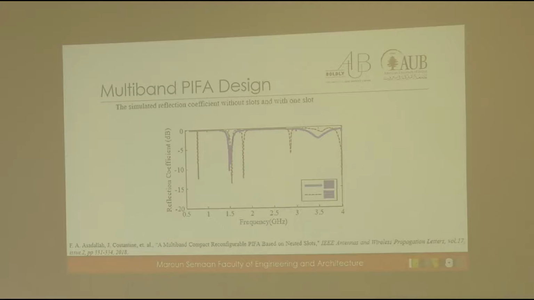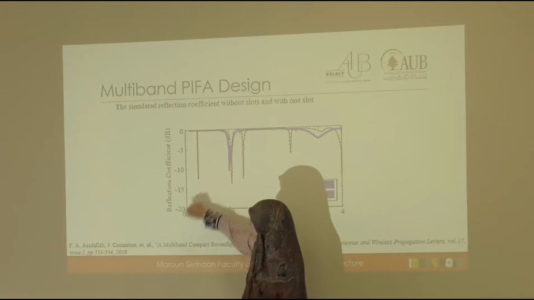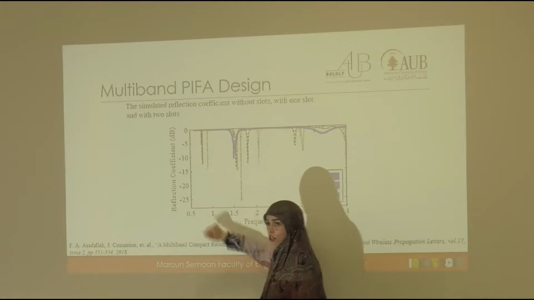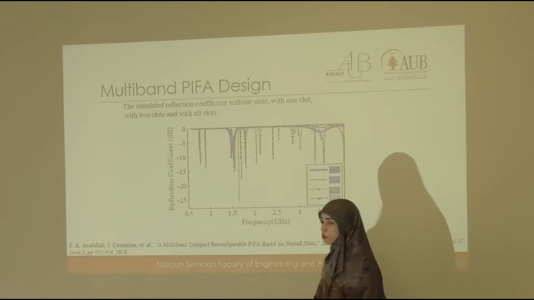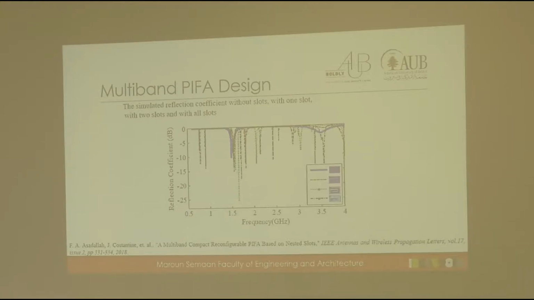After that, we added the longest slot that is equivalent to 770 megahertz of operation. By adding the additional one, we have operation at 900 megahertz. After that, by adding all the slots, we have operation at all the required wireless communication frequencies.